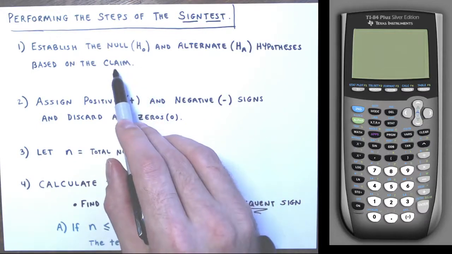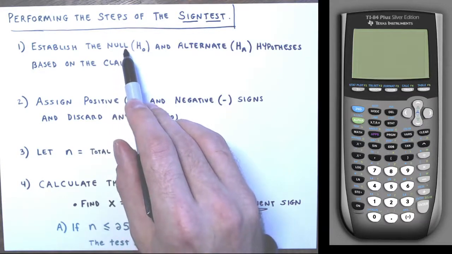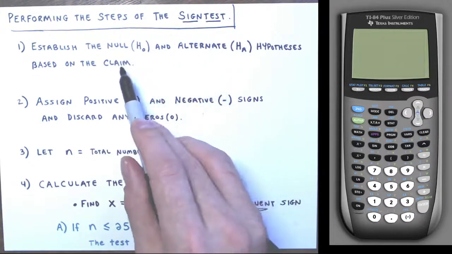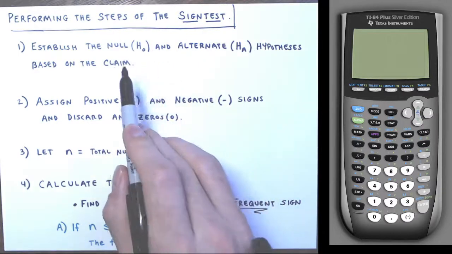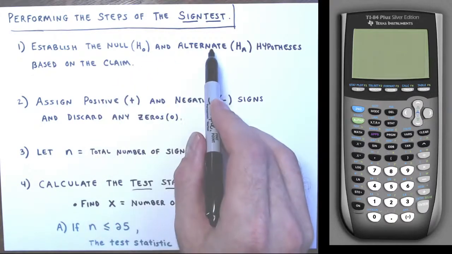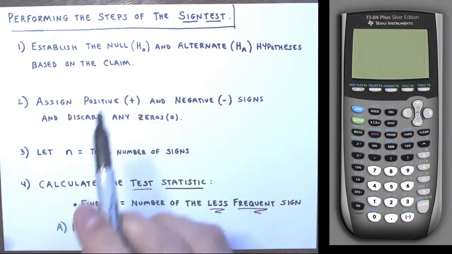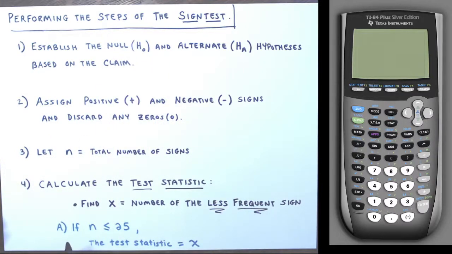If the claim involves a statement involving equality, then the claim will be represented by the null, and the alternate will be the opposite of the claim. If the claim does not involve some aspect of equality, then the claim will simply be the alternate hypothesis. So again, I'm hoping that if you're looking at non-parametric tests by now, chances are you've already seen the basics of hypothesis testing.